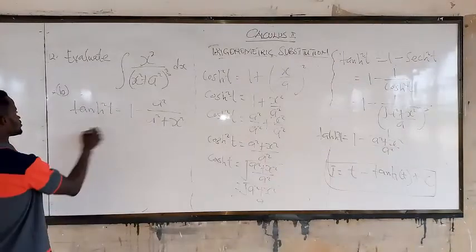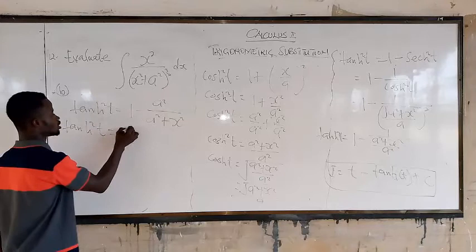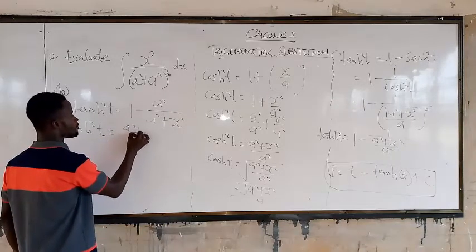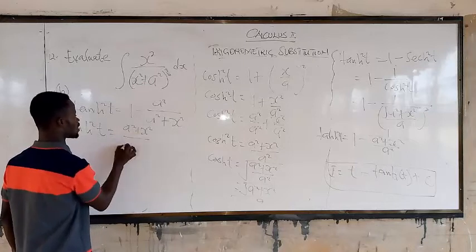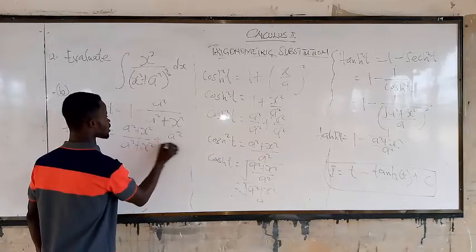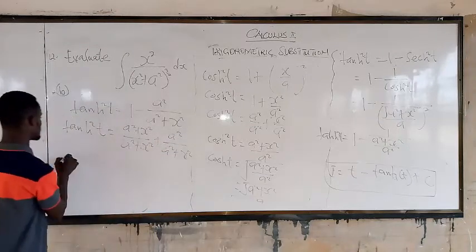So to achieve the same denominator here, you know that tan squared t is going to be a squared plus s squared over a squared plus what? s squared, to achieve the same denominator.